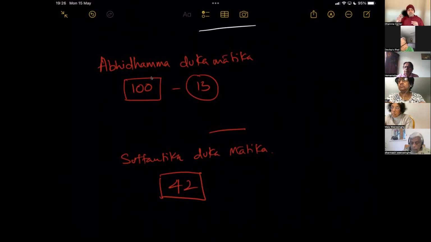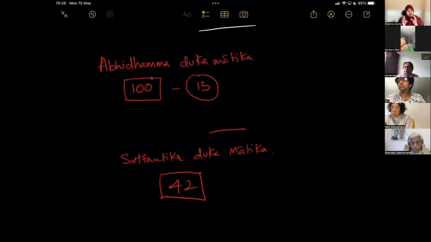The definition and the Dhammas are only found in the last part of the Nikkepa Khanda.